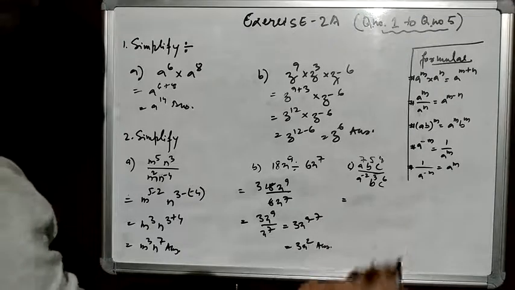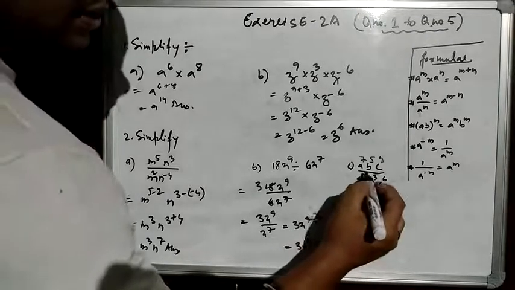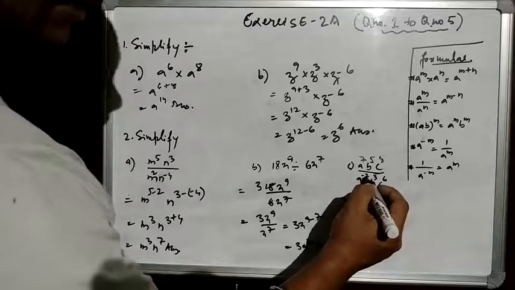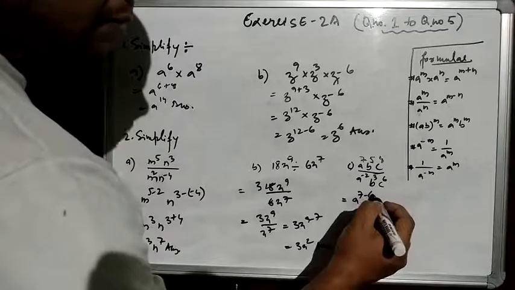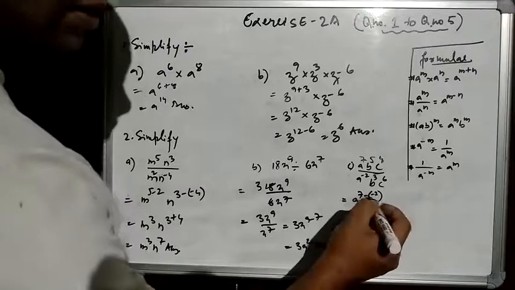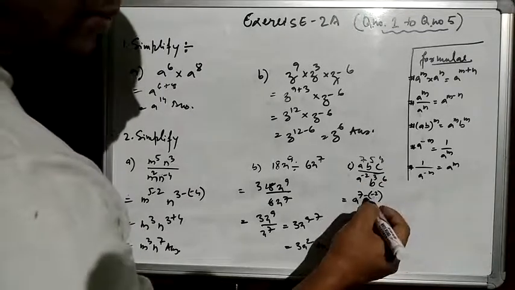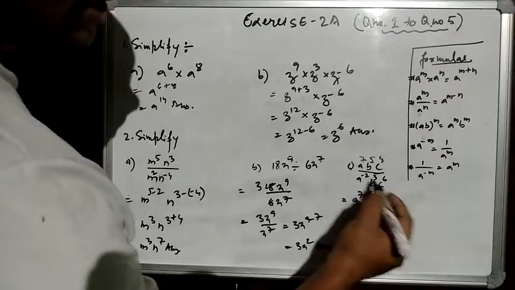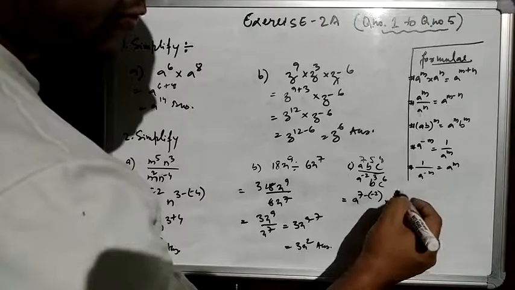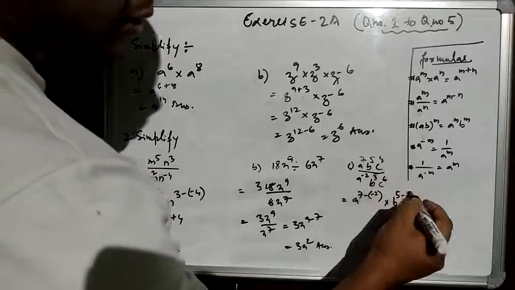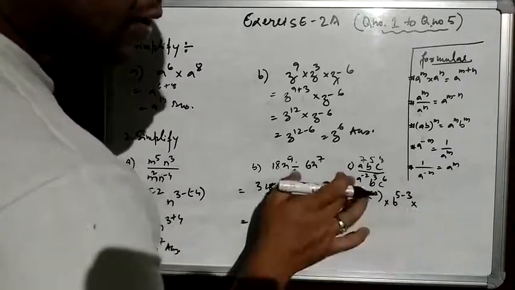Okay, similarly we'll do this question as well. That is a to the power 7 and a to the power minus 2. We'll take it upstairs, then the minus will come with 2. It will go up, then will come in minus, and itself it has a minus here. Then the next question is b to the power 5. The power 3 will go up, and you convert it to a minus form because it is in fraction.